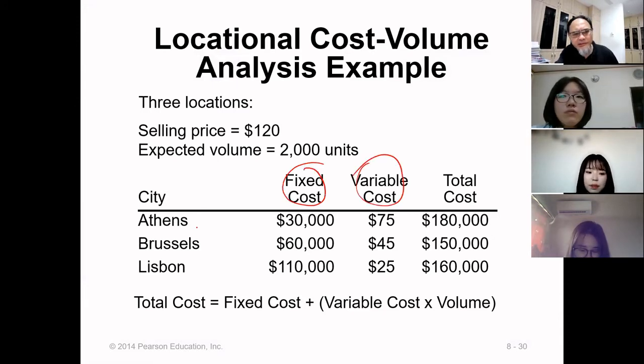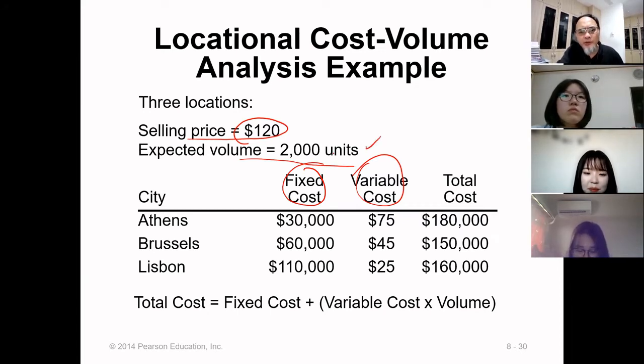For example, in this case, we have a product selling at 120, and you expect a volume of 2,000 units. With a volume of 2,000 units, we want to know which is the cheapest place. Basically, you can just use the formula: total cost is fixed cost plus variable cost times volume.